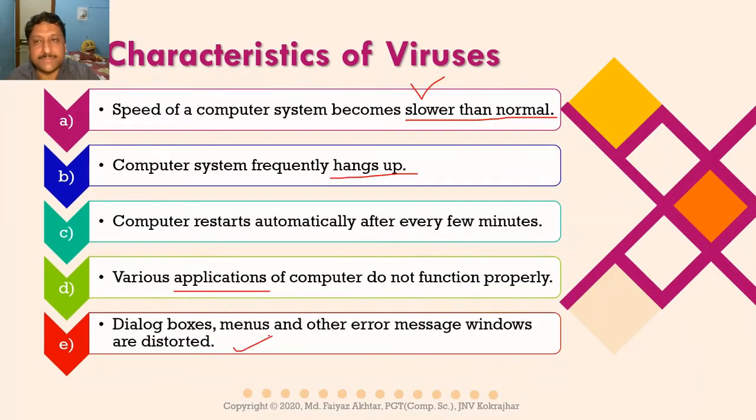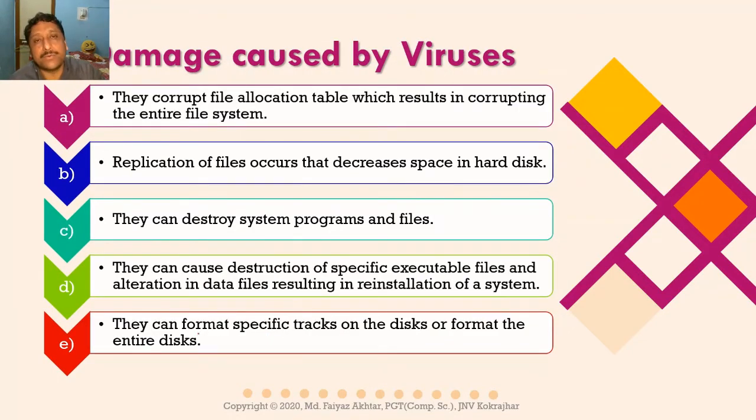These are the symptoms, these are the characteristics of a virus, and then what damage may the virus cause? The first damage is that they corrupt the file allocation table. The file allocation table is available in the boot sector of a drive, and it contains the details of files: the name of the file, where the file is created in memory, and the date, time, and size of the file.